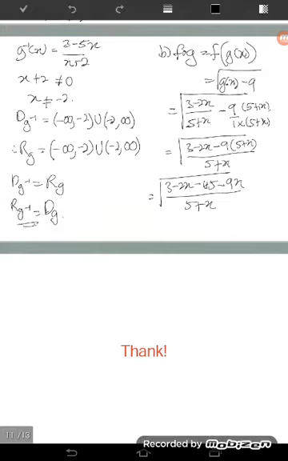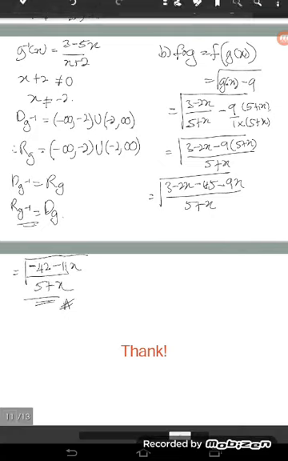Okay, tak muat. Okay, so saya sambung sini lah. Okay, so it is equal to square root of 3 minus 45. Okay, so 3 minus 45, it is equal to negative 42. And then negative 2x minus 9x, it is equal to negative 11x over 5 plus x. So this is the answer.